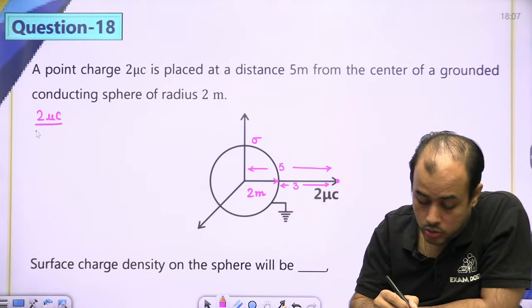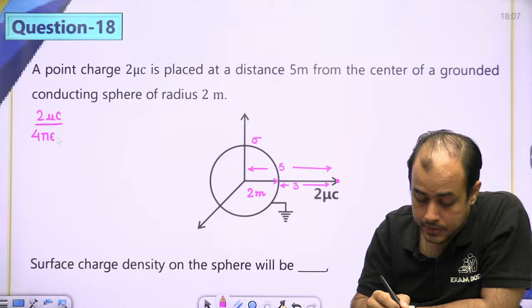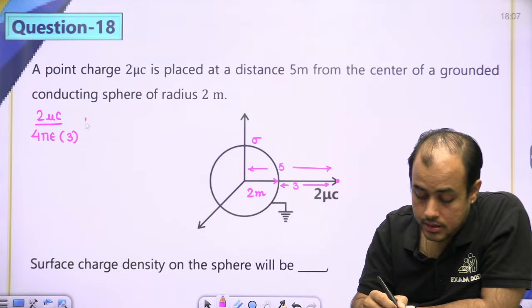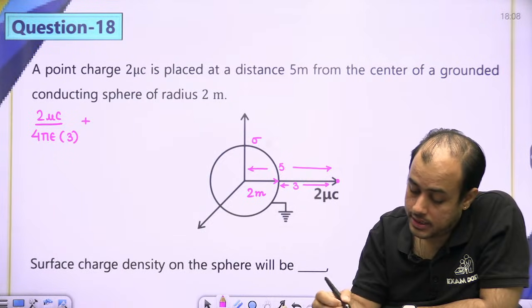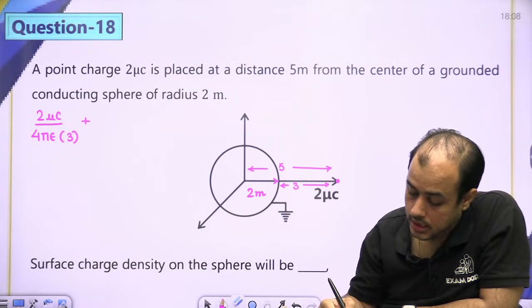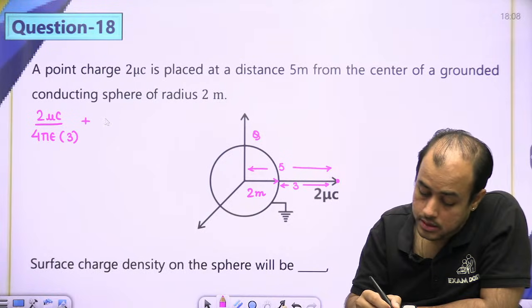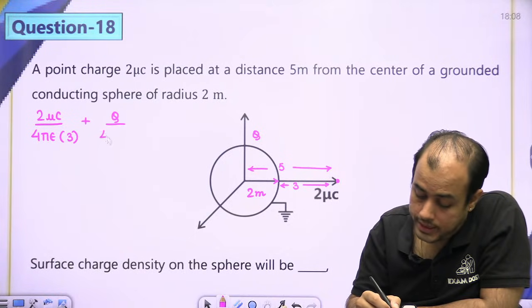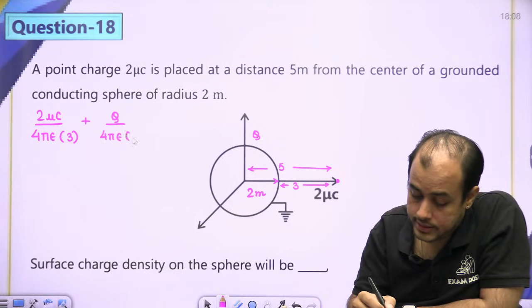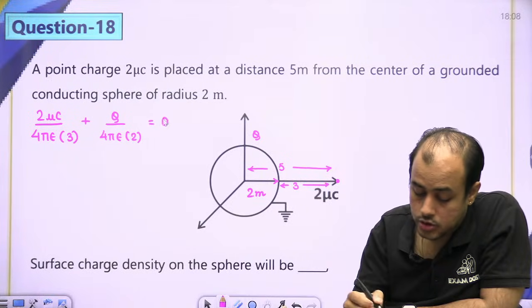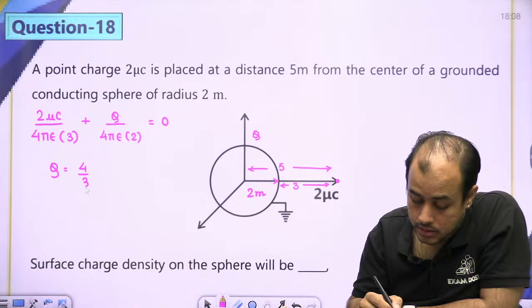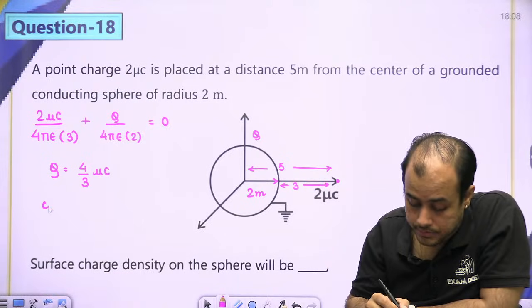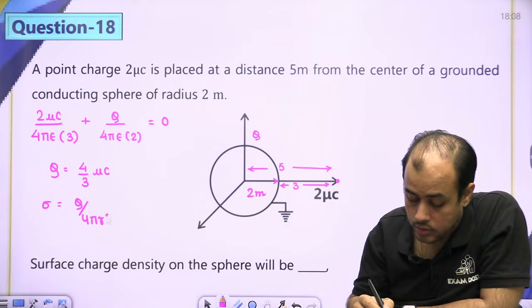So, 2 microcoulomb by 4 pi epsilon into 3 plus sigma. So, rather than sigma, take Q. अब Q ले लो. Plus Q by 4 pi epsilon. The radius is 2. This should be 0. So, Q will be 4 by 3 microcoulomb. So sigma will be Q by 4 pi r square.